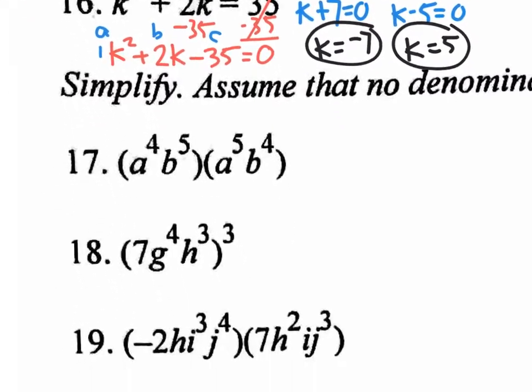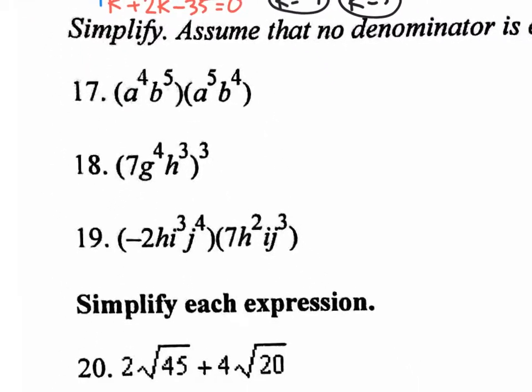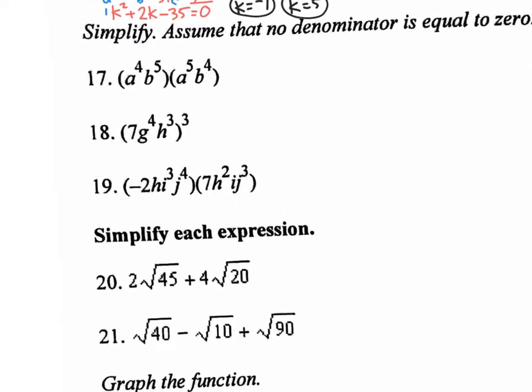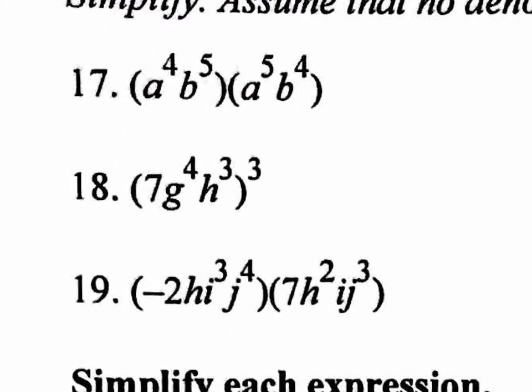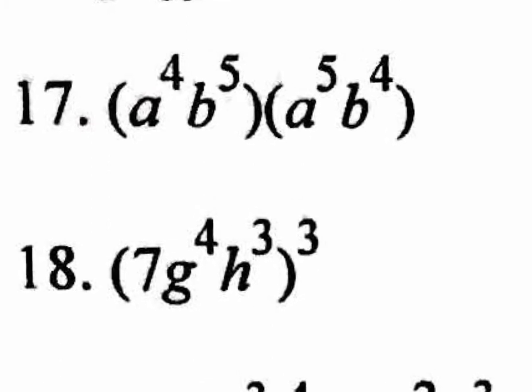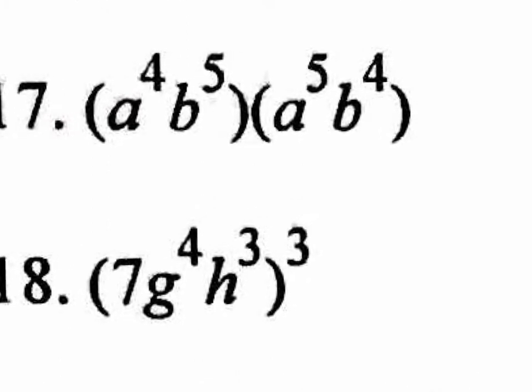Let's move on. Simplify, assume that no denominator is equal to 0. There's not even fractions here. I don't even know why they would say that. Probably a typo. Right here, you're just multiplying. You're going to be using the rules of exponents. The parentheses aren't even necessary. So we really have a to the fourth, which is really a times a times a times a.